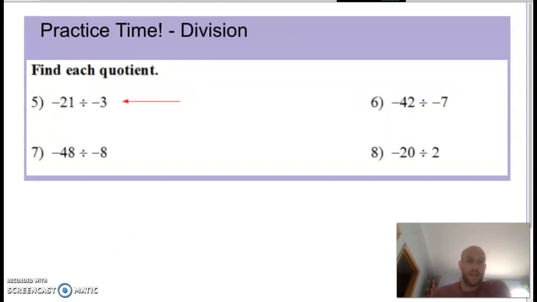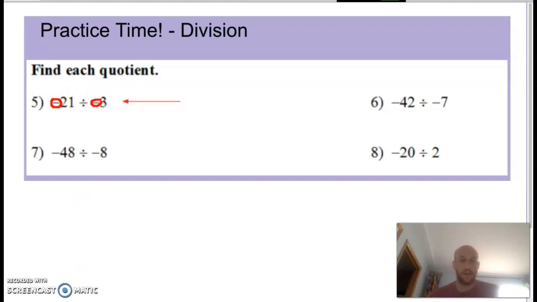I'm going to try this next one. The nice part about multiplication and division is that they have the same exact rules. So if you know the rules for multiplication, you also know the rules for division because they are the same. All right, let's look at this first one. -21 divided by -3. My first thought is I have a negative divided by a negative.